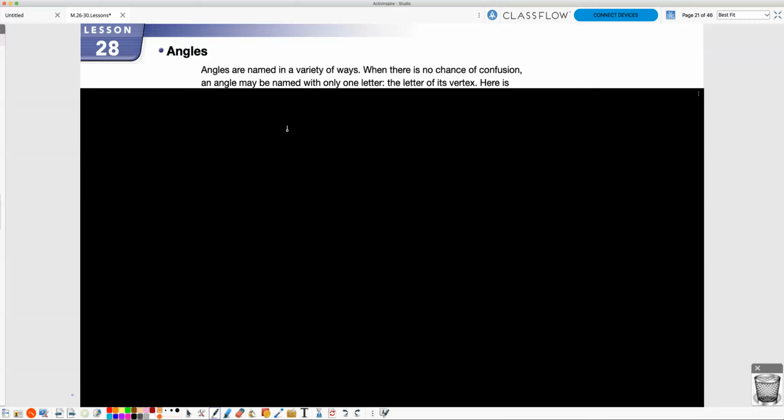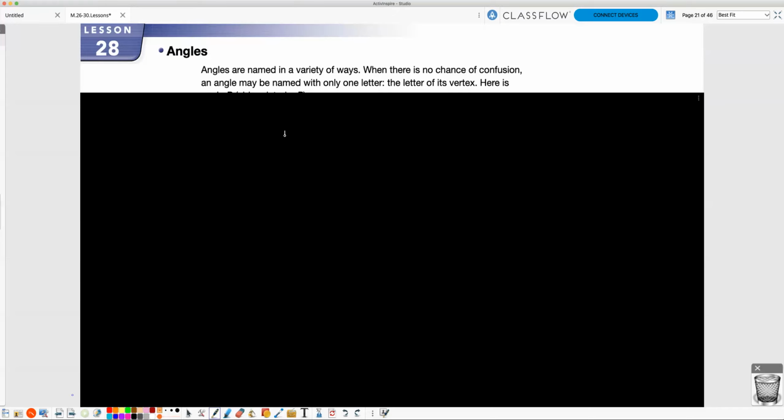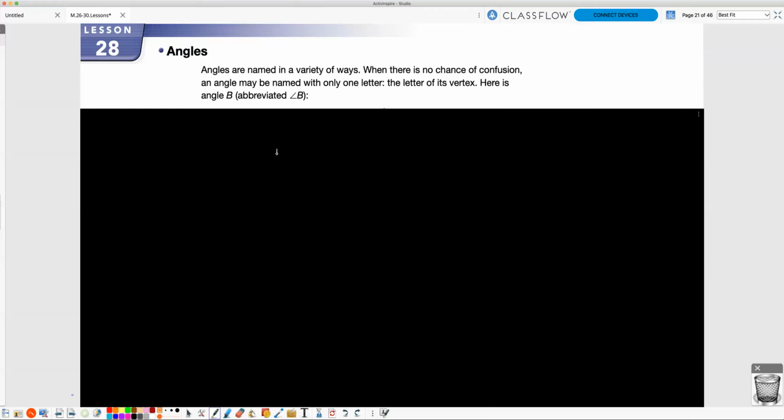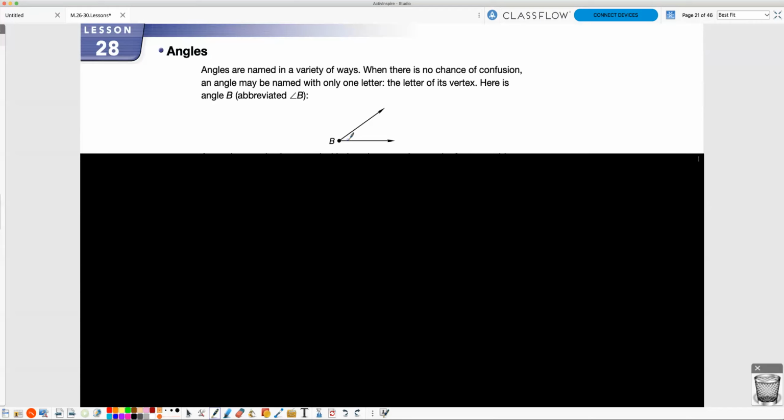Angles are named in a variety of ways. When there's no chance of confusion, an angle may be named with one letter only, the letter of its vertex. Here's an example of angle B. The reason why there's no confusion as to what the angle is because there is no external line. There's no additional line that would create another angle here.